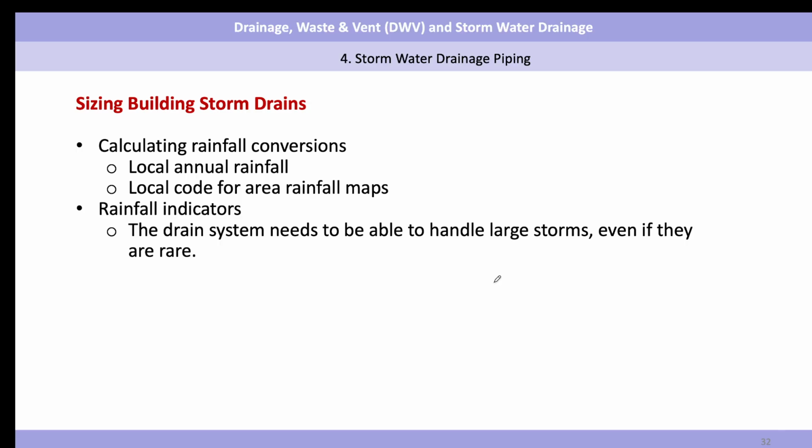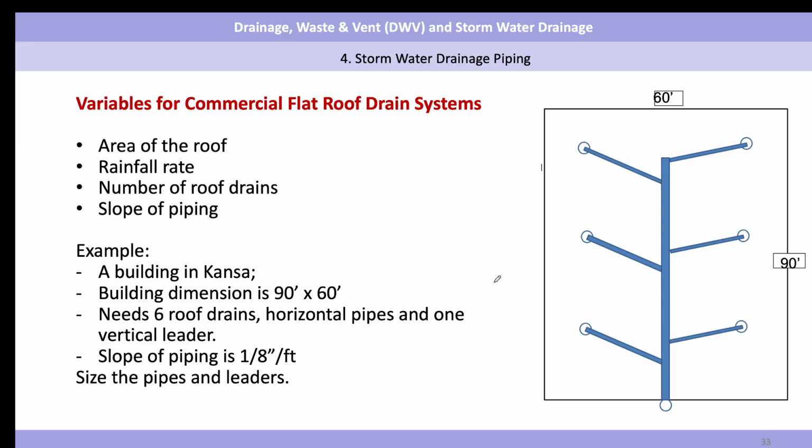The rain system should be designed for large storms. We cannot directly use how much rainfall there was this year or last year. We have to check the code book to see the average or the largest storm water. And other factors: the area of the roof, rainfall rate, number of roof drains, and slope of the pipe.